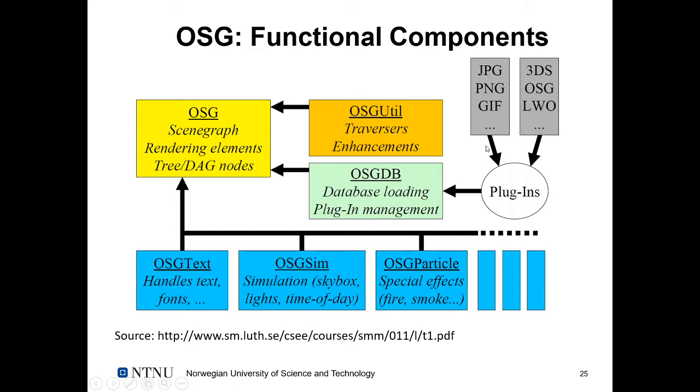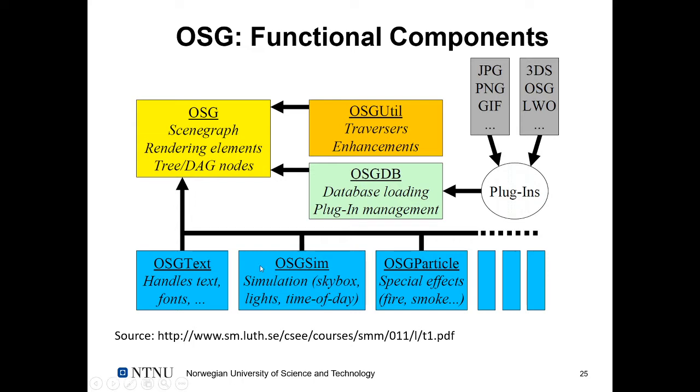You also have some plugin possibilities, where you could load, for example, image files like JPEG, PNG, GIF. You also have plugins for files like 3ds, OSG. You also have another one for .obj, of course, which we have been talking about. They are basically loaded through this database loading plugin management, which is also, of course, connected back to this main scene graph component.